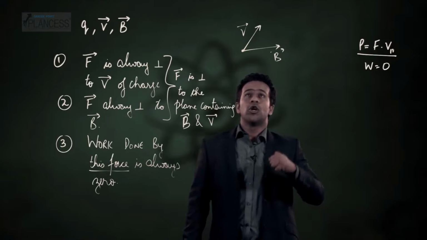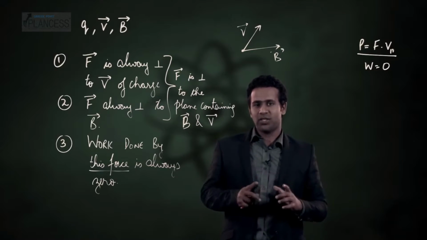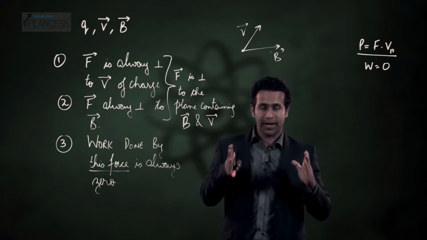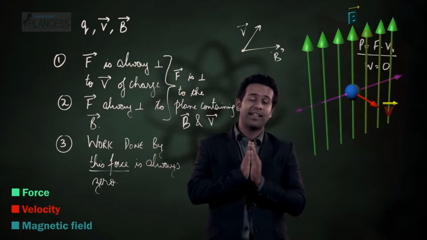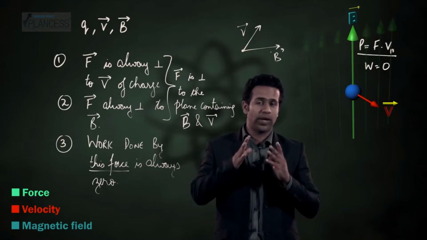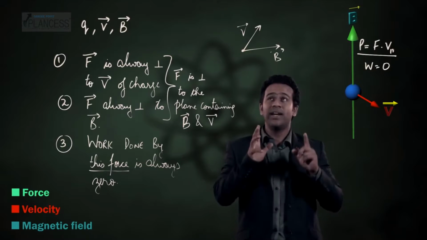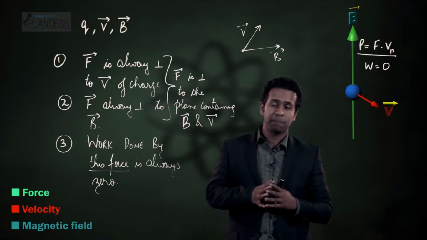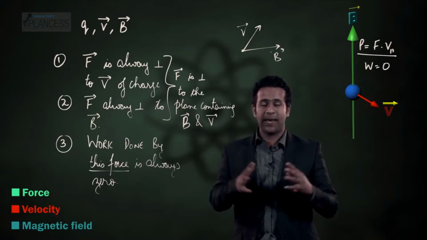So, just like v and B, any two lines always define a plane. So, if you think about velocity, and you know that every vector can be represented through an arrow, imagine two arrows, one depicting velocity, the other depicting magnetic field. These two arrows can always form a plane.